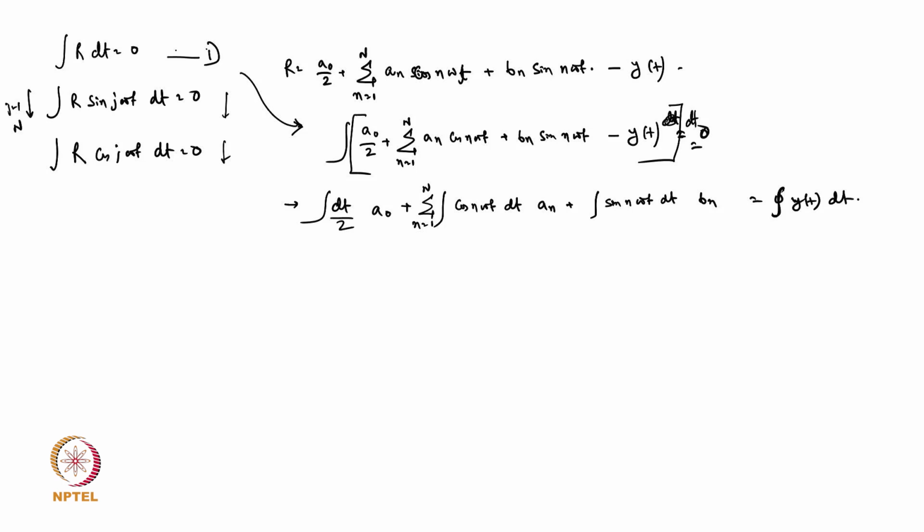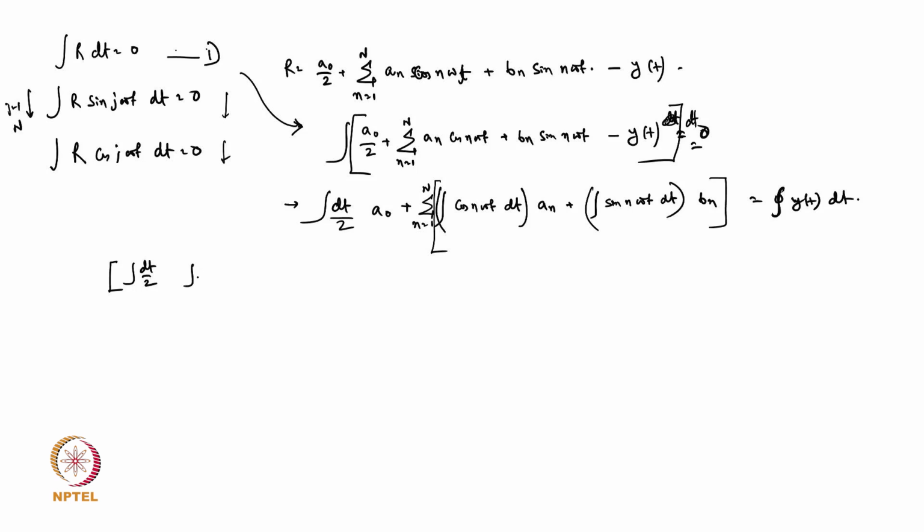So the summation is all over. If I write this as a row vector and a column vector equal to a particular value, then what can I get? Integral of dt by 2, which is nothing but t by 2.